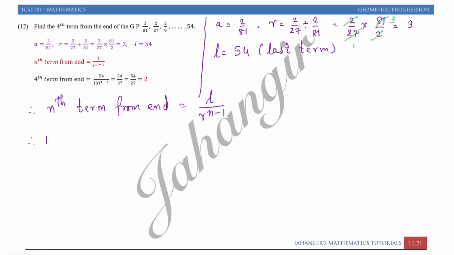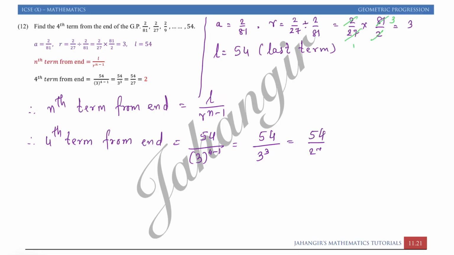So the fourth term from end is equal to L, which is 54, upon R, which is 3, raised to 4 minus 1. In place of n, you can put 4 minus 1. So that can be written as 54 upon 3 raised to 3. 3 raised to 3 is 27. That is equal to 2. So we get the fourth term from the end.